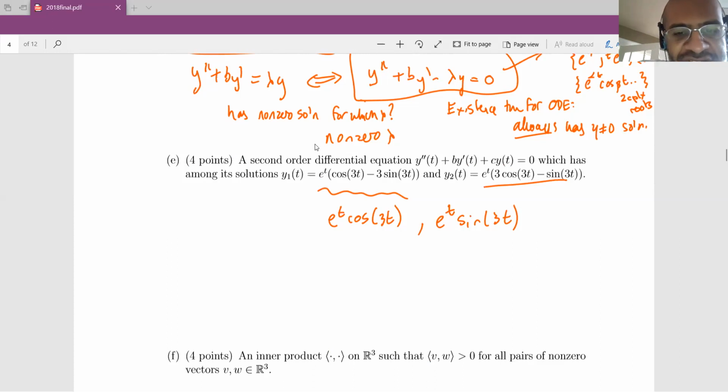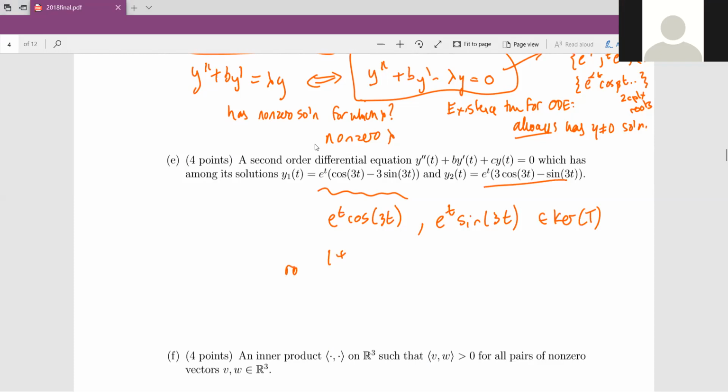But now you can reverse engineer, right? So if these are in the kernel of this appropriate operator, then what would the roots of the equation be? One plus or minus 3i. So now, what is the auxiliary polynomial?